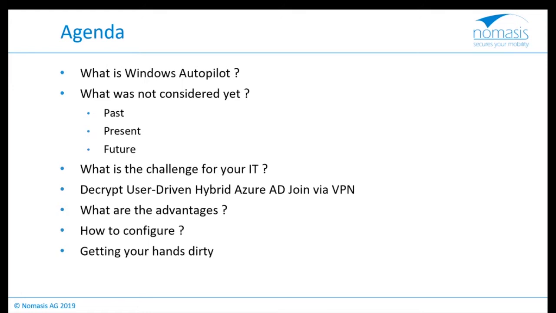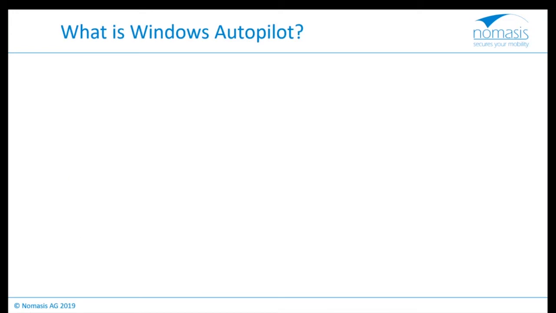I will also show you a few possible pitfalls you may encounter, and last but not least, as always, you have the opportunity to ask questions. So let's get it started.